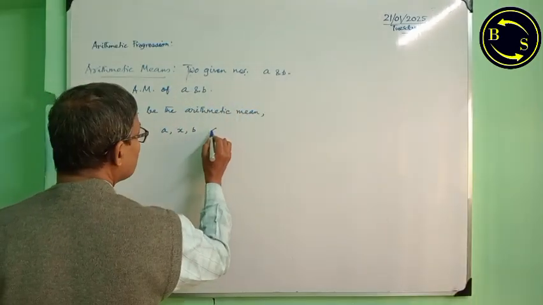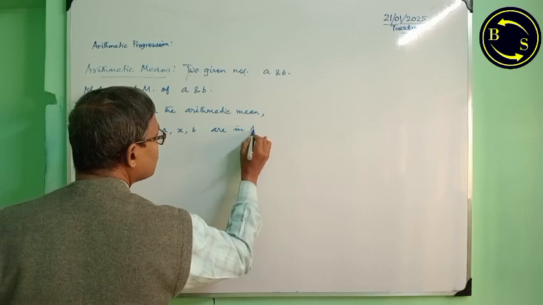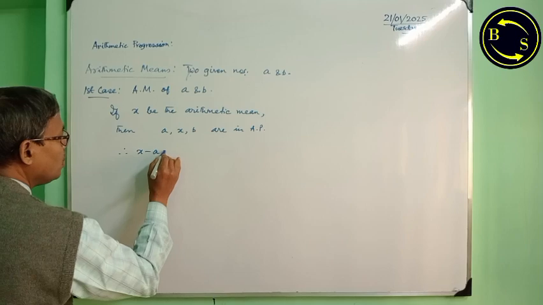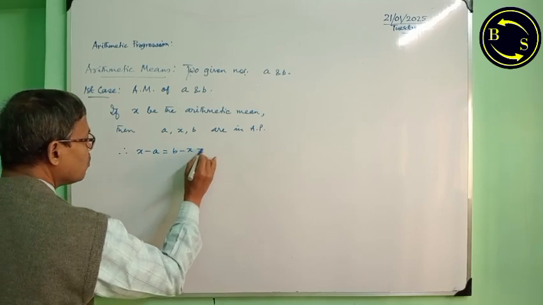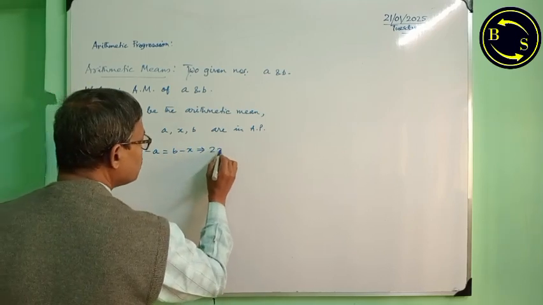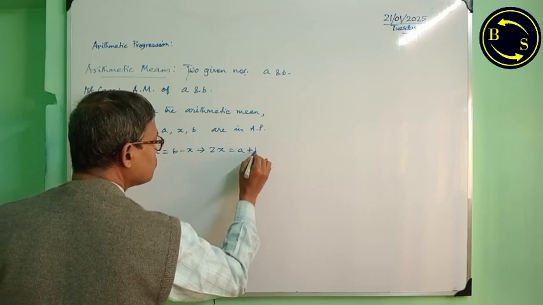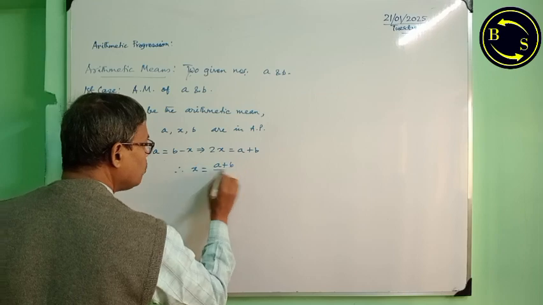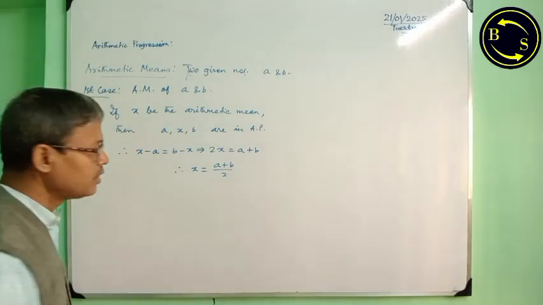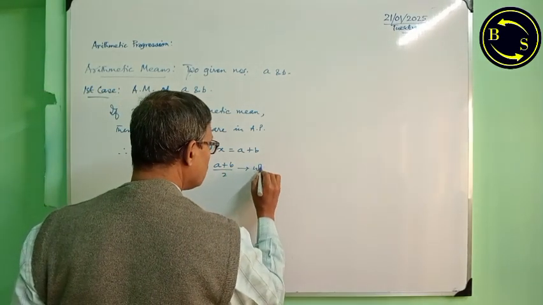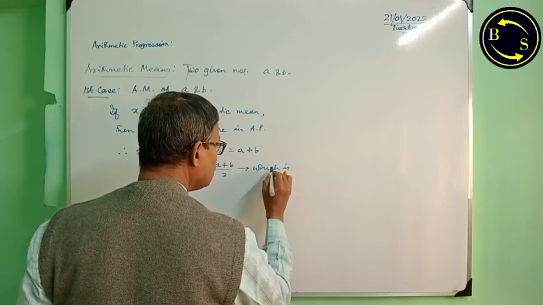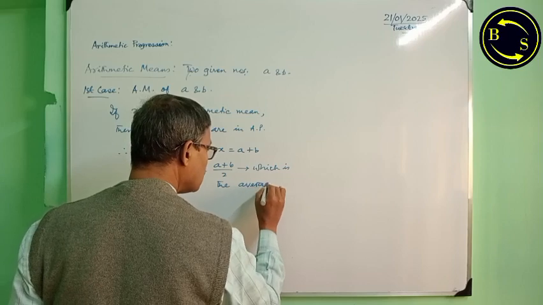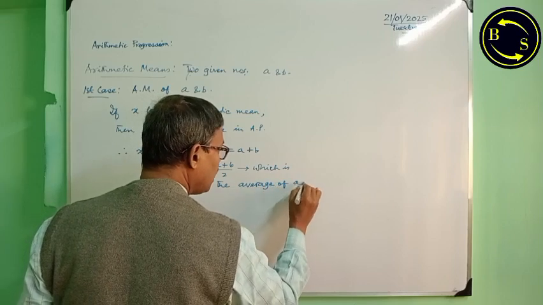A, x, b are in AP. Therefore, x minus a will be equal to b minus x. From that, 2x equal to a plus b. Therefore, x equal to a plus b by 2. Already I have mentioned that is the average of a and b.